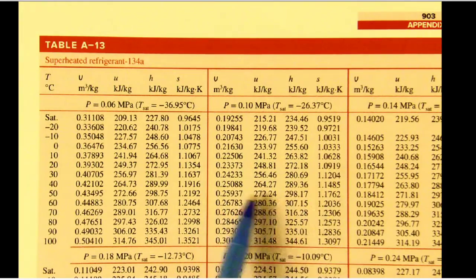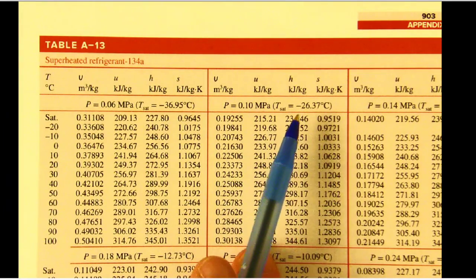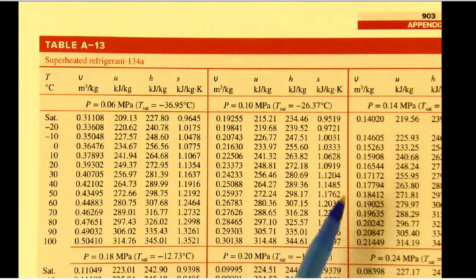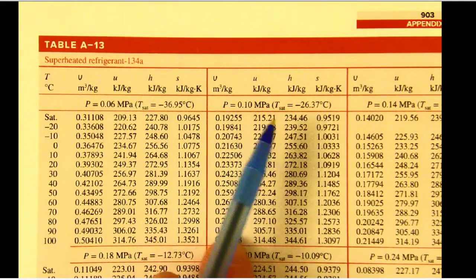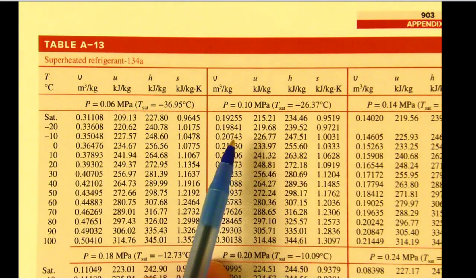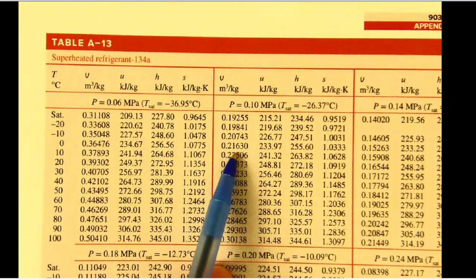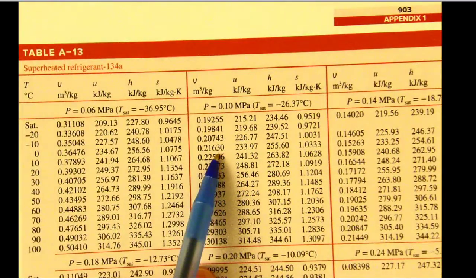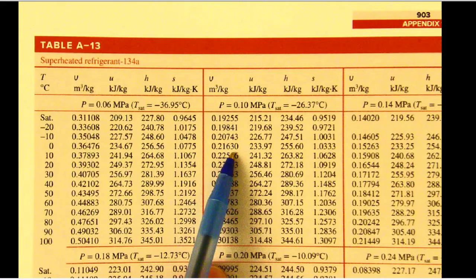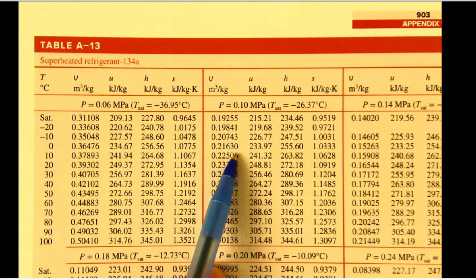This is telling you everything above minus 26.37 degrees C is superheated. So you can see that from this table. My expectation was that you were going to recognize that at 0 degrees C and 100 kPa you have a specific volume of 0.21630.